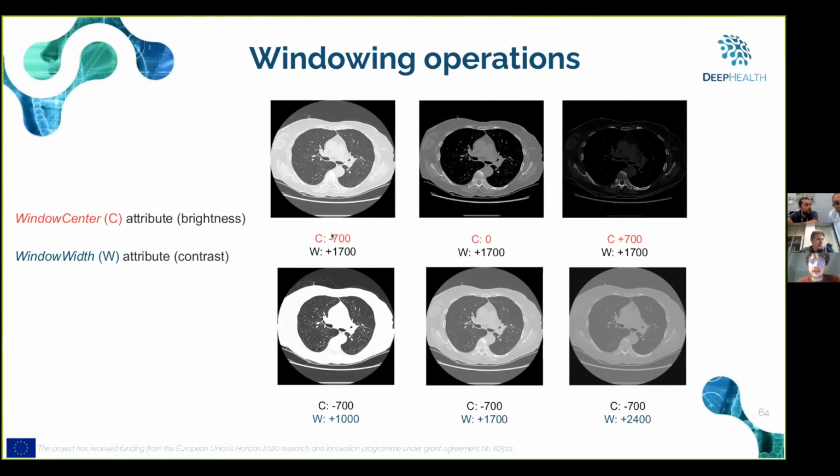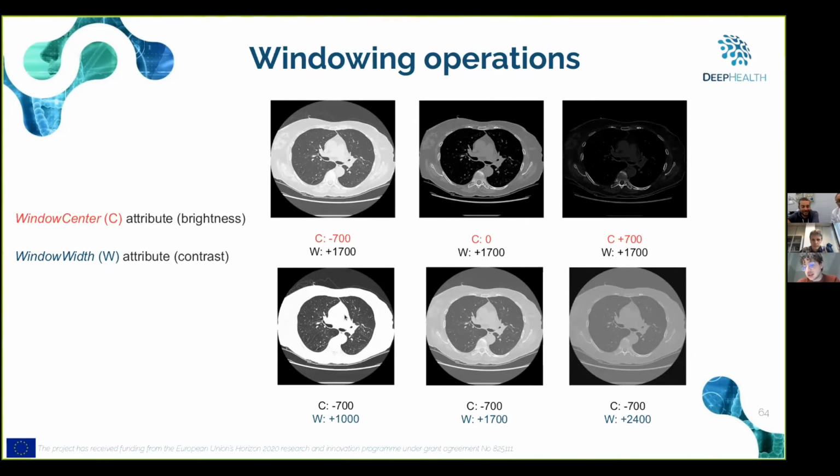And we can see that, for example, if we increase the window center, we can see some bones in the upper right figure. We can also change the window width, and so the contrast will change accordingly.